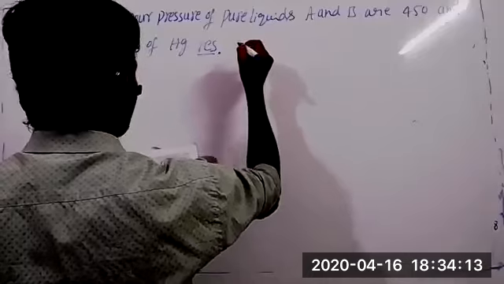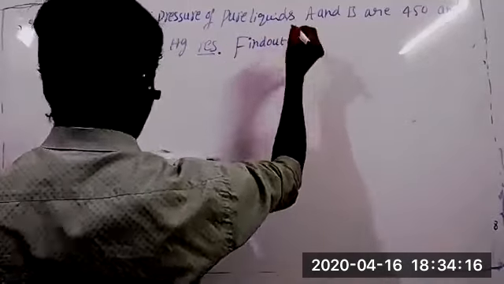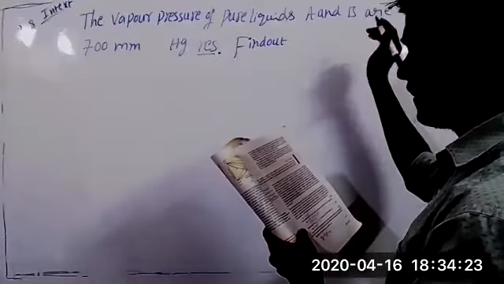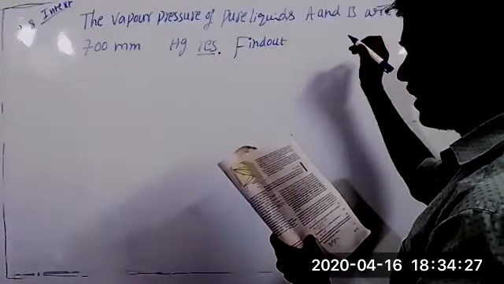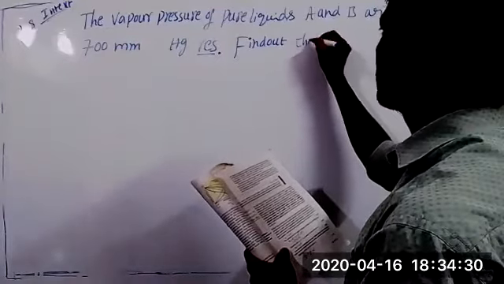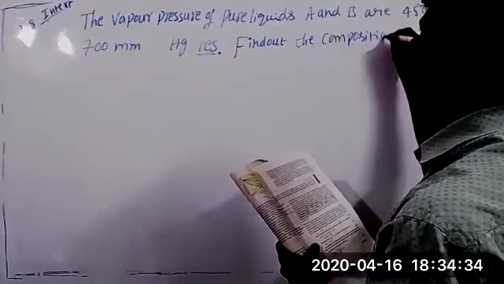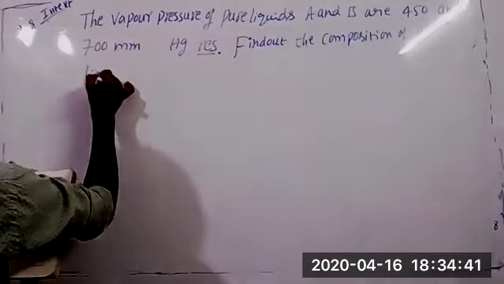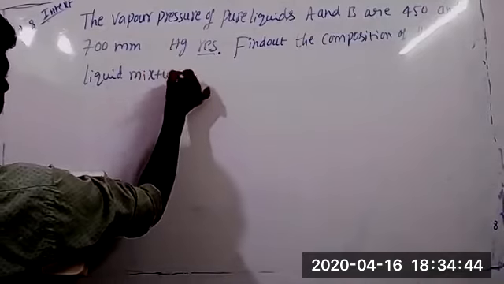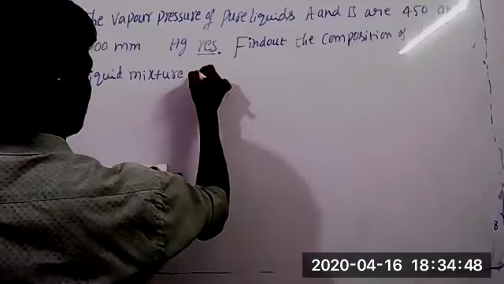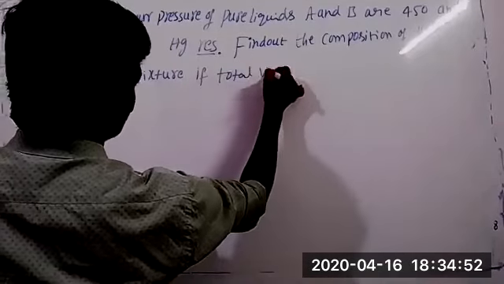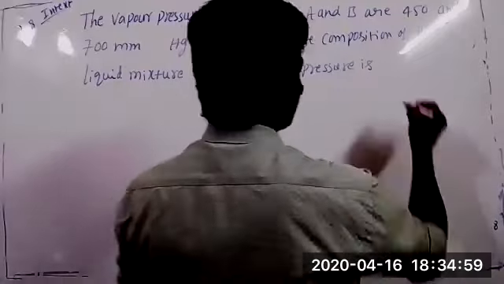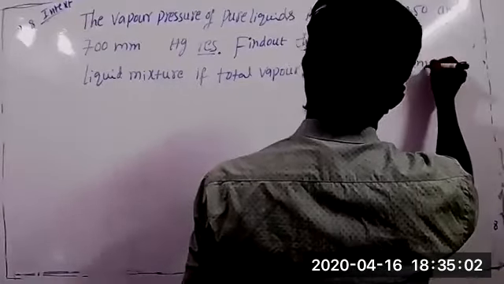Find out the composition of the liquid mixture if the total vapor pressure is 600 mm Hg.